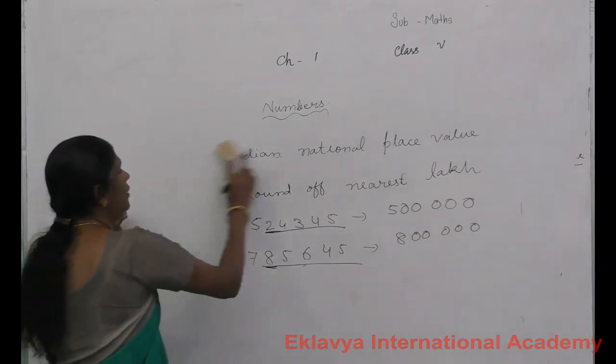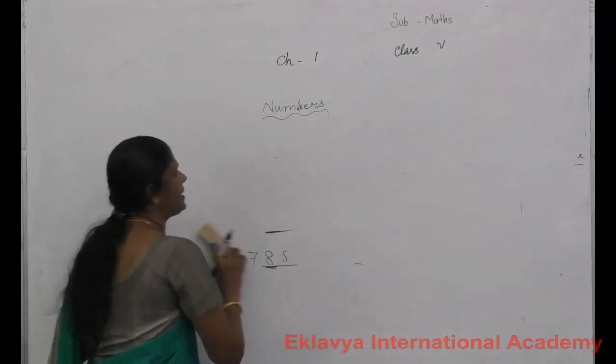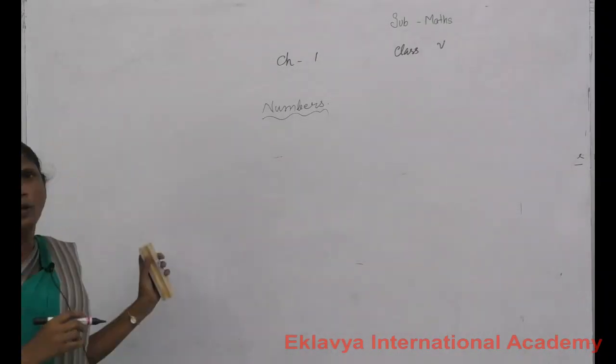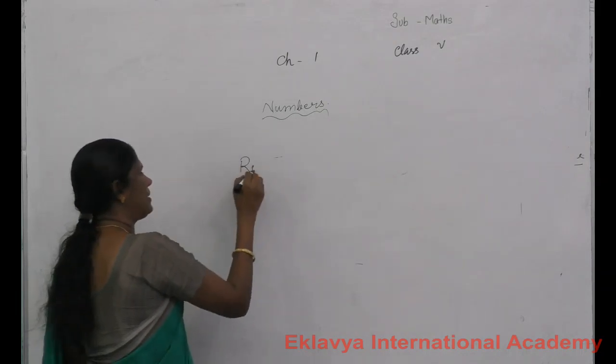Next, Roman numerals. You studied Roman numerals in 4th class. There are 7 symbols in Roman numerals.